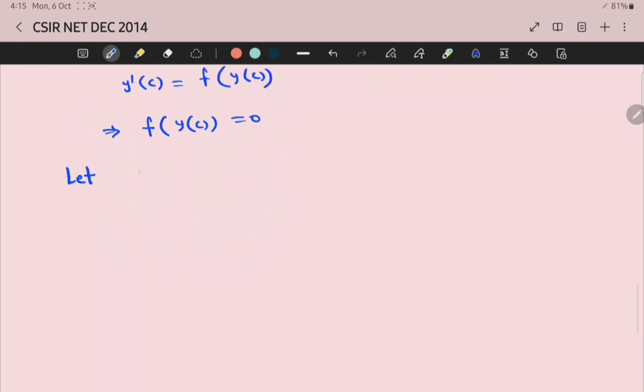Now we will assume that the function z(x) equal to y star, which is equal to y(c), is a constant function.